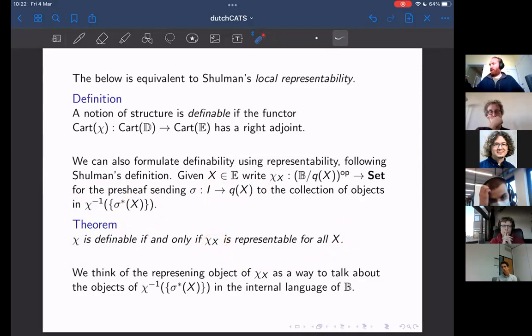The way to think about this is that we can talk about these structures in the internal logic of the base.